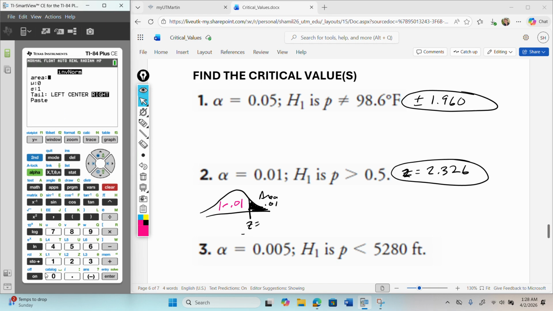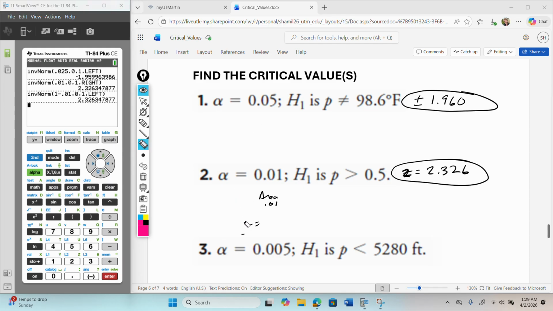And let's have 1 minus 0.01. It's my left area. And then I come down here and now I have to change it back to left. Okay, but you'll get the same answer. All right, so you notice how I got the same answer there.